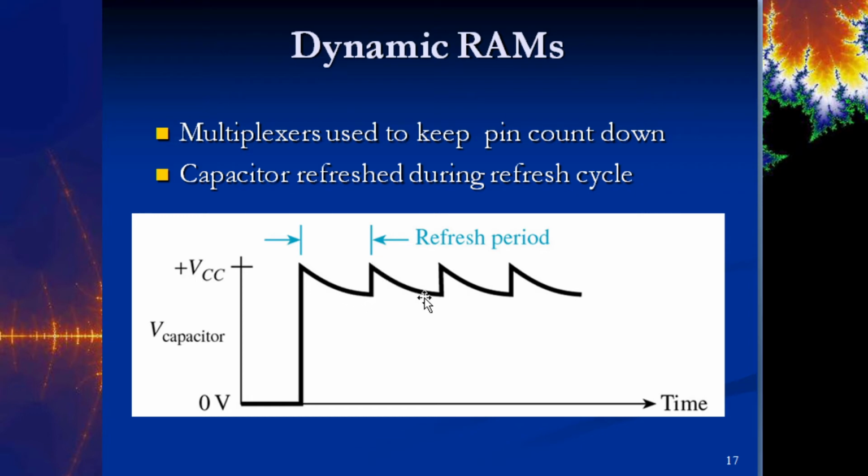So it has to constantly get new voltage reapplied to it so it can keep its high. Remember, it's still a high even though we have this sort of seesaw wavy looking line. As long as it's above the threshold for what a high is for that family of chips, then we're okay. But this is why it's a little bit more involved if you use DRAM as opposed to static RAM, because you have to constantly refresh your high.